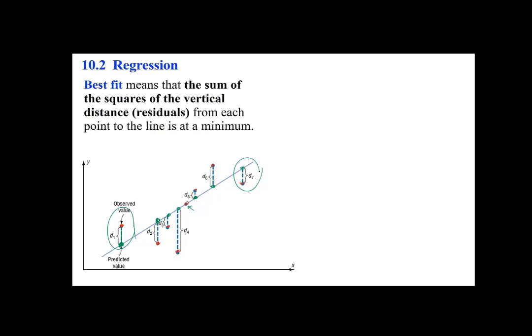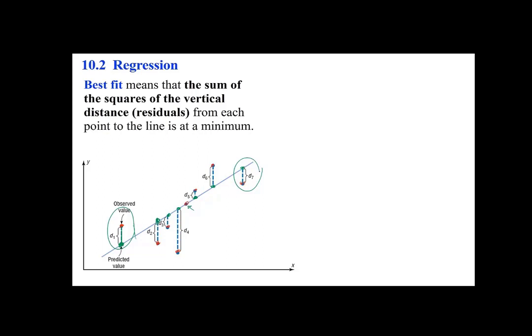So what they do, notice if the observed value is above the line, it's positive, the difference between the two. If it's below the line, it's negative. So instead of having to deal with that, they square it to get rid of that negativity. And now they add them up.